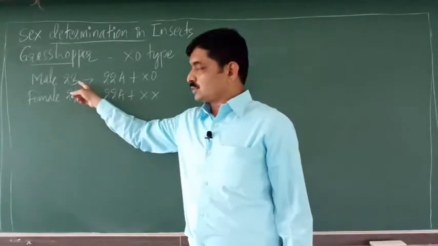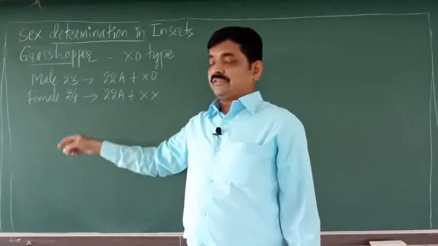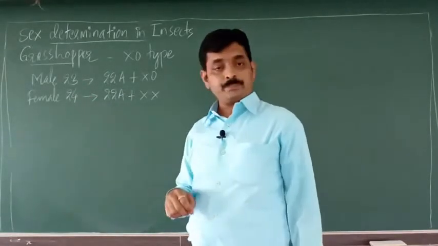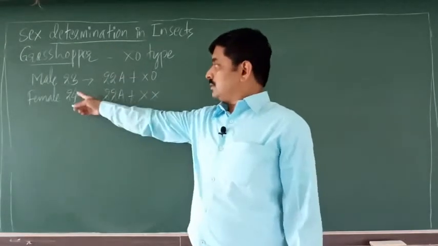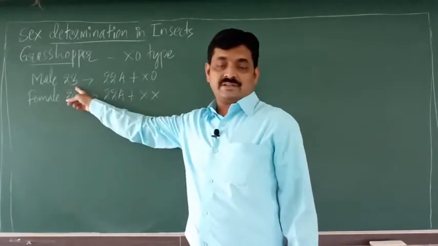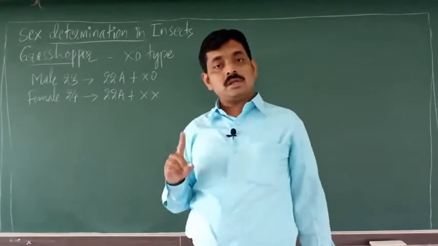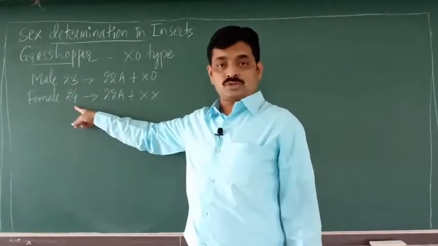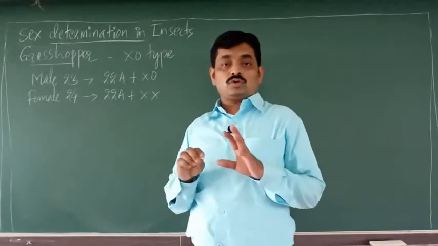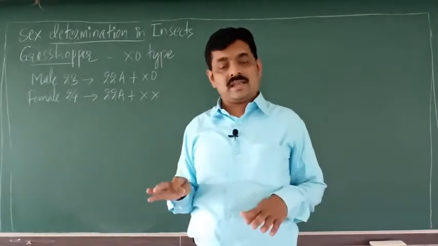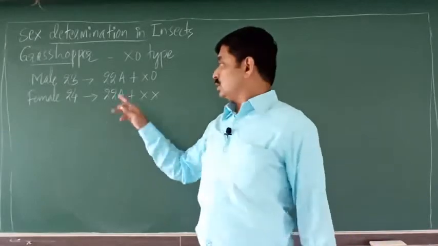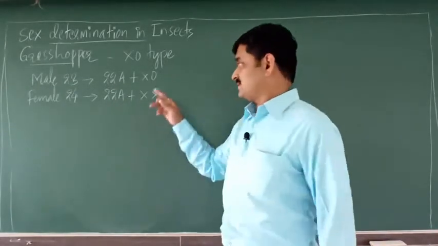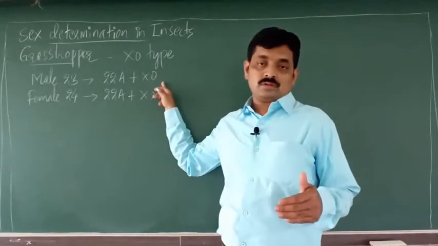Males have total 23 chromosomes, females have 24 chromosomes. Here one sex chromosome is less, that's why it is 23. Here you find a pair of sex chromosomes, so it is 24. Autosomes are same in males and females. There are 22 autosomes in both males and females, but males have one less sex chromosome.